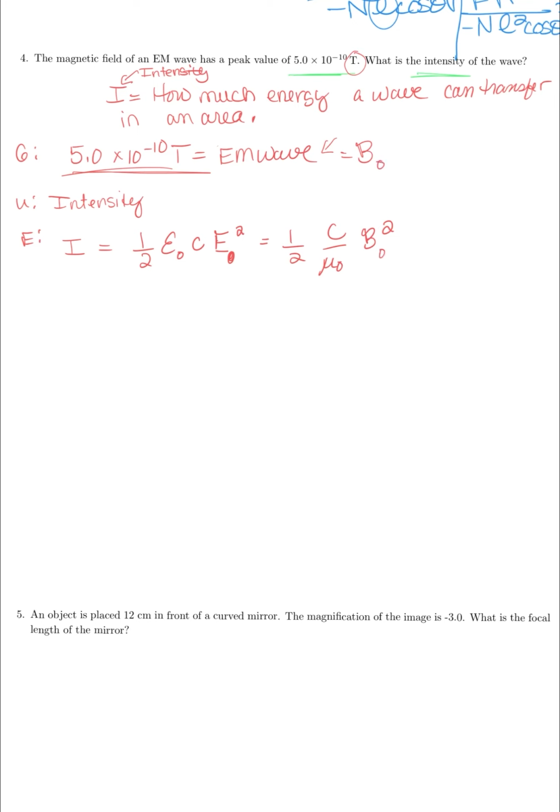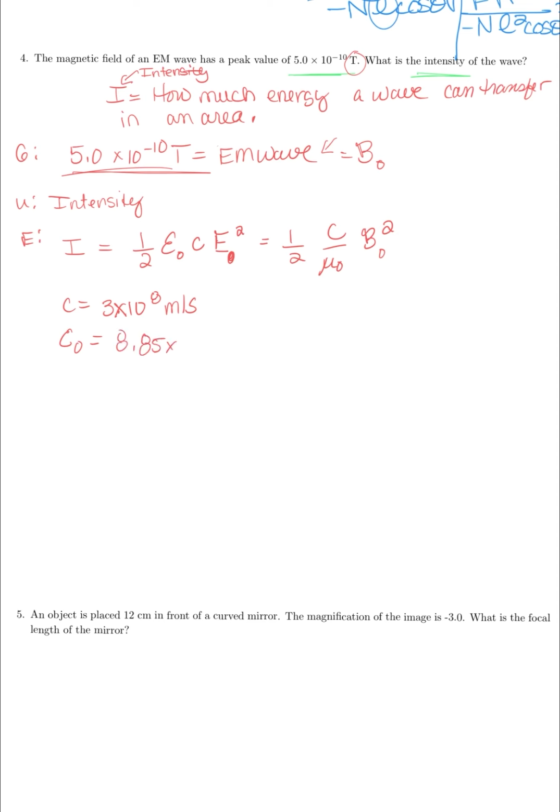Let's see here. We know C, that's 3 times 10 to the 8 meters per second. And we know epsilon naught is 8.85.